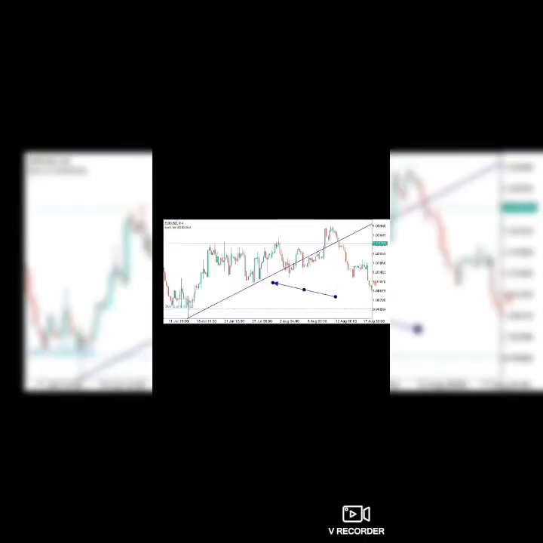Now when we talk about space, we talk about an area where there is no candle. Just imagine that the screen as you're looking at it has no candle. That is what we call space.